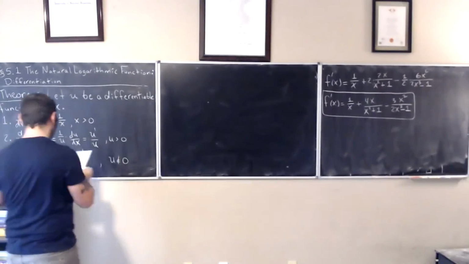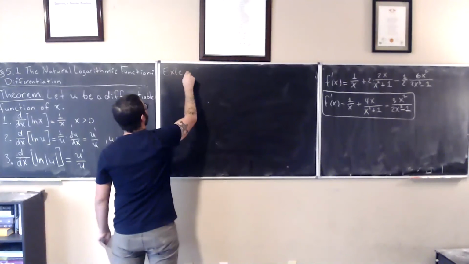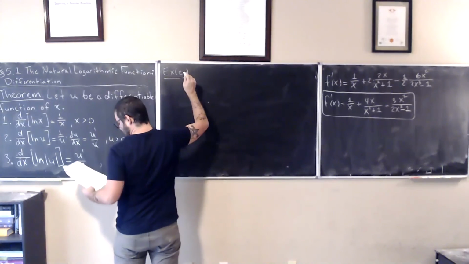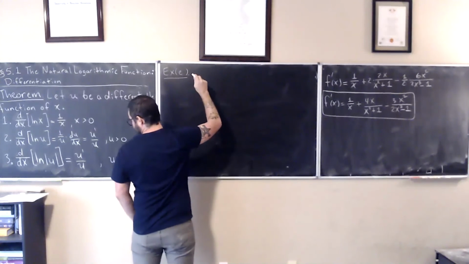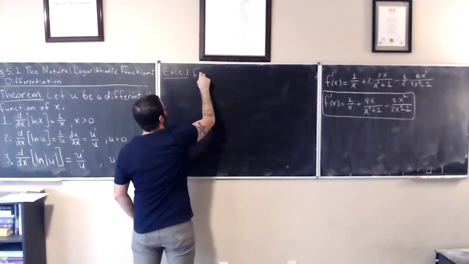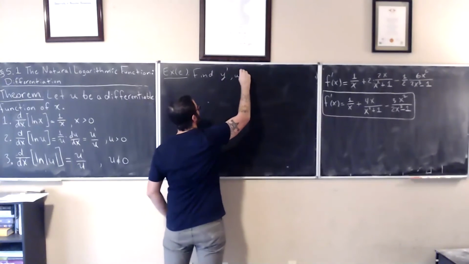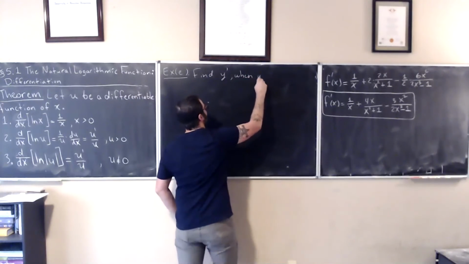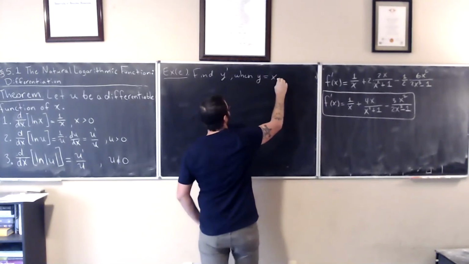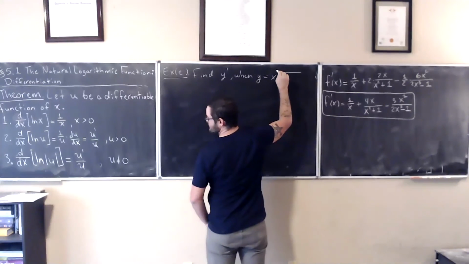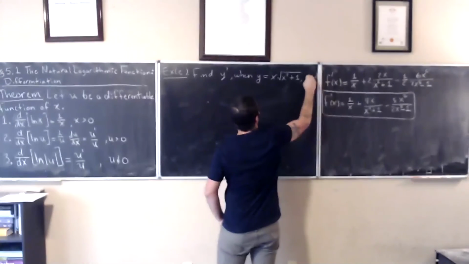Suppose we have example E maybe. So maybe like find y prime when y is equal to x root x squared plus 1 for x greater than 0.